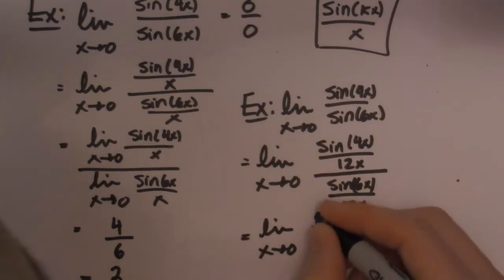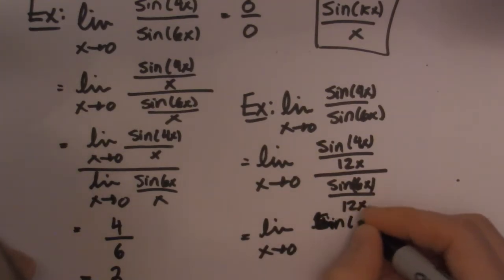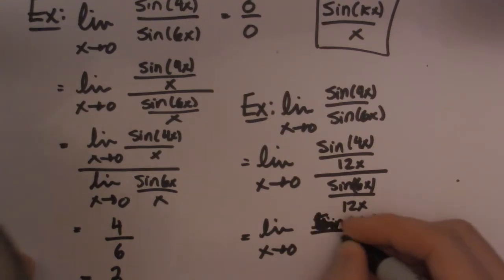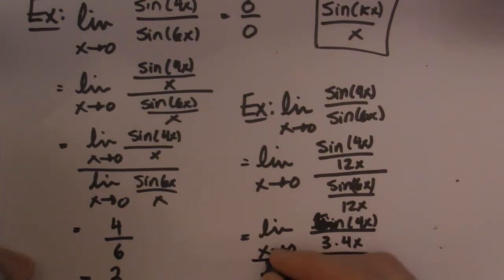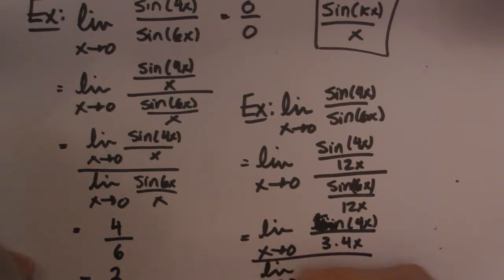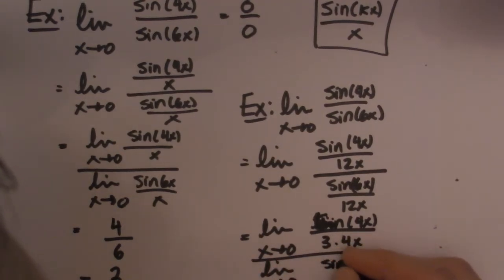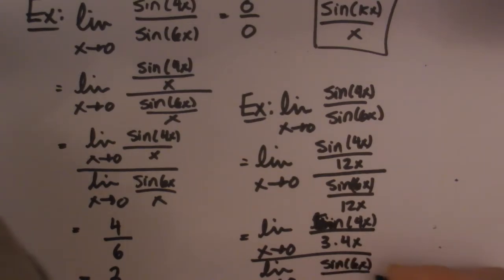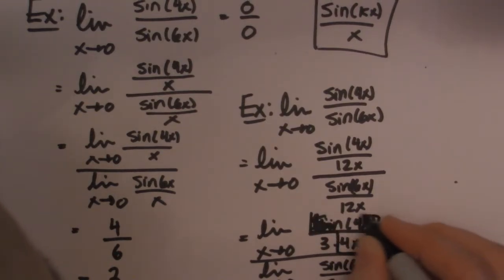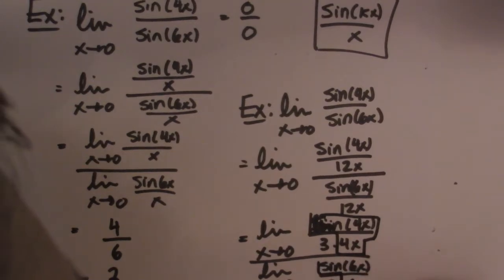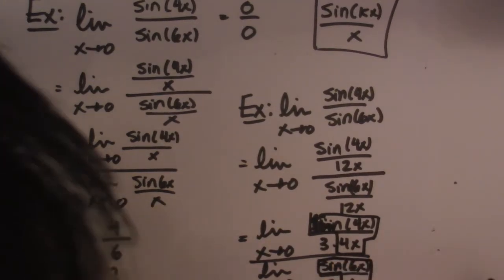So the limit of sine of 4x all over 3 times 4x, all over the limit as x approaches 0 of sine of 6x all over, and then that 12x breaks up into 2 times 6x. So this guy right here, and this guy right here, those are actually 1.